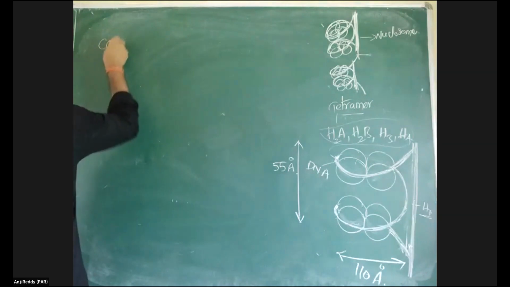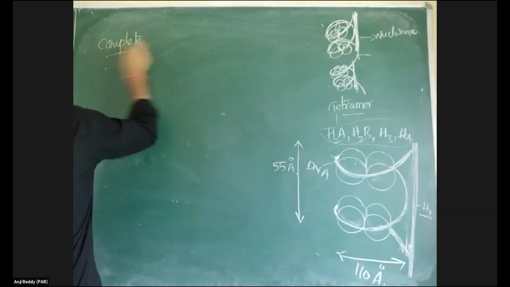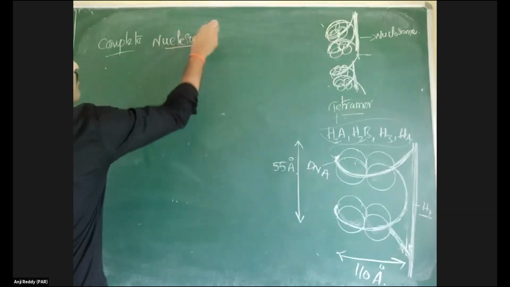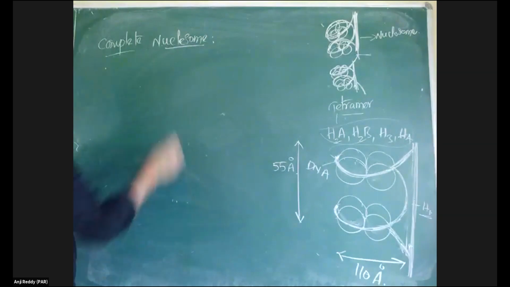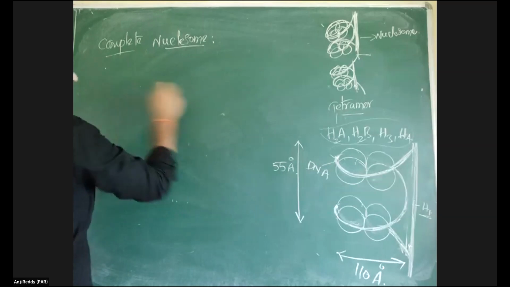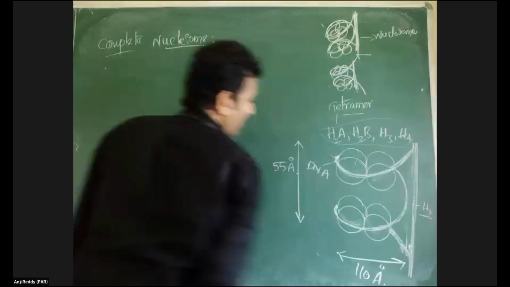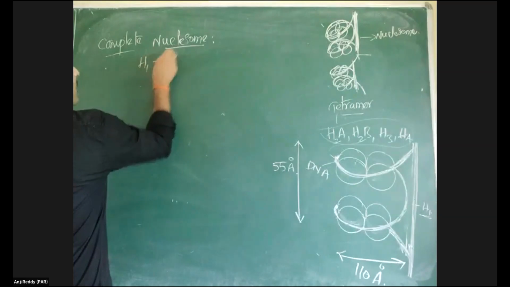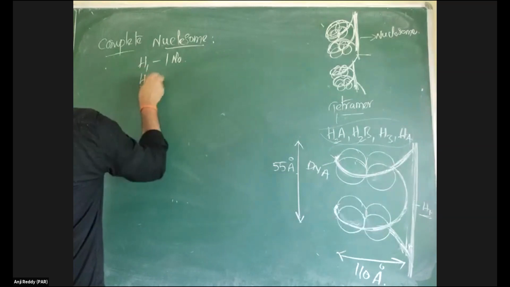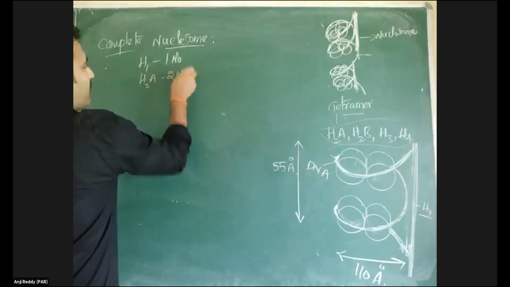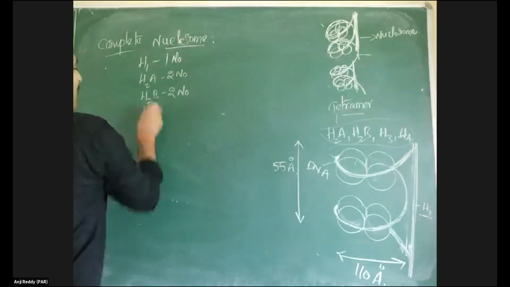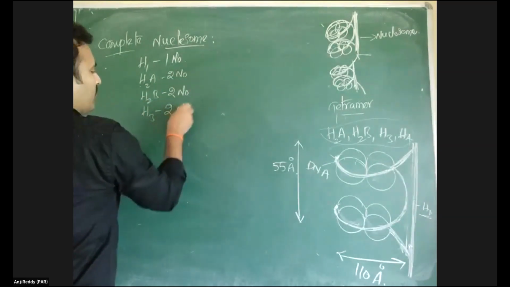So, a complete nucleosome. What is present in a complete nucleosome? 2 tetramers linked as one octamer. H1 histone protein is present 1 in number. H2A are present 2 numbers. H2B are present 2 numbers. H3 proteins are present 2 numbers.